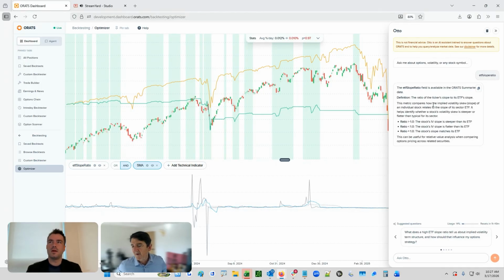Okay. Well, can you explain that a little bit more? Like the SPY versus the best ETF of the SPY? Yeah. What it ends up showing is the put call slope, right? So usually the SPY is quite steep.